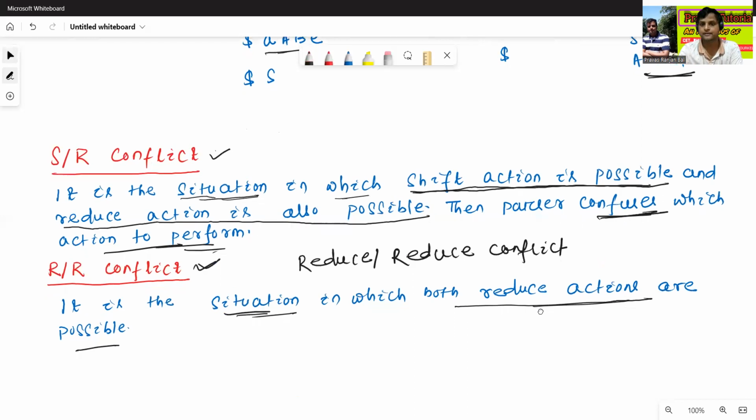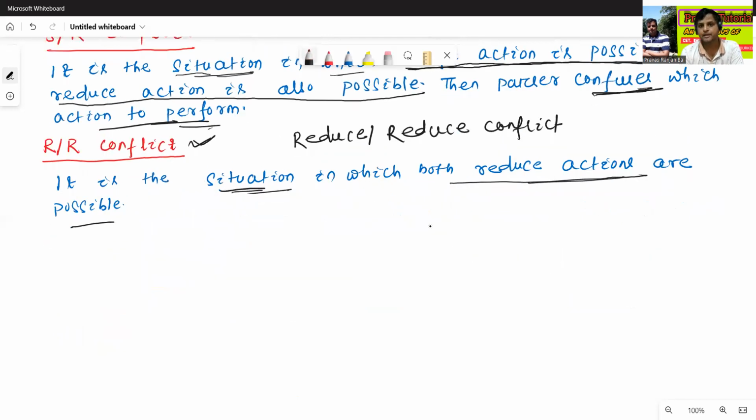For example, suppose A has multiple productions like A to B, A to C. So A has three productions.